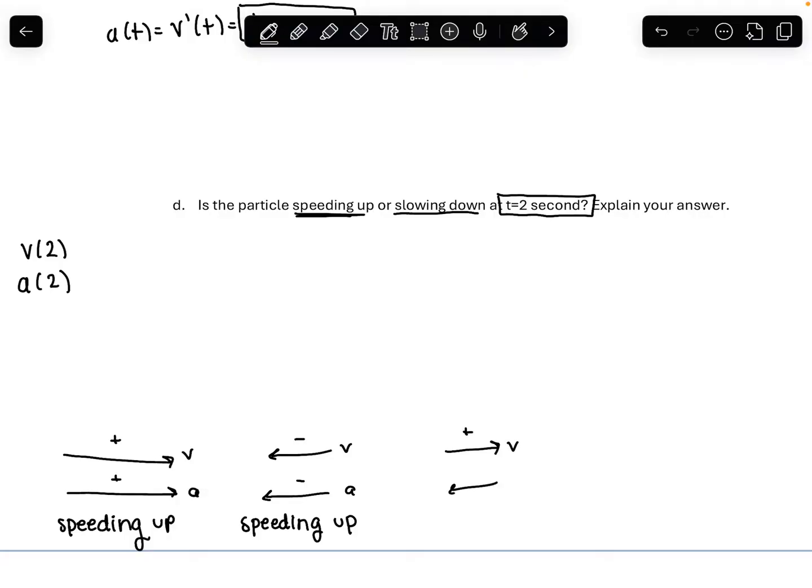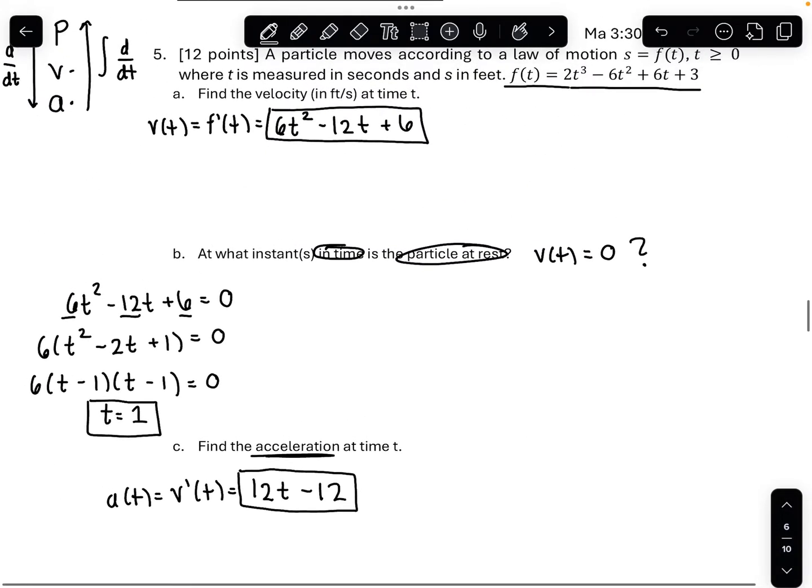Because if my velocity was positive and my acceleration was negative, these guys are working against each other. So I'd be slowing down. Right? Same thing if our velocity was negative, but our acceleration was positive, it would also be slowing down. That's why we need to check both, not just one of them, okay?